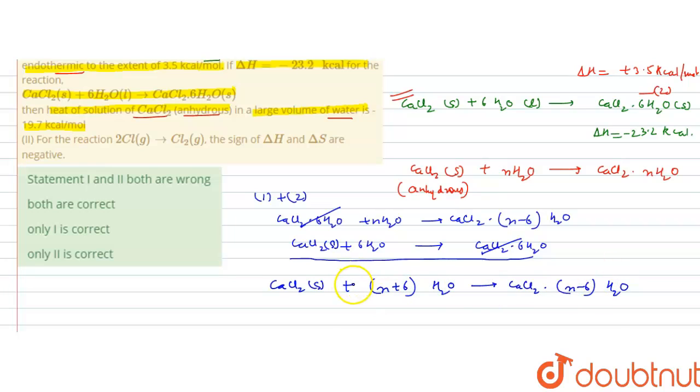Now here we have plus 6 on the left with n, and here n minus 6, so plus 6 and minus 6 will get cancelled. It means we will have CaCl2 plus nH2O forming CaCl2.nH2O, in a large volume of water.